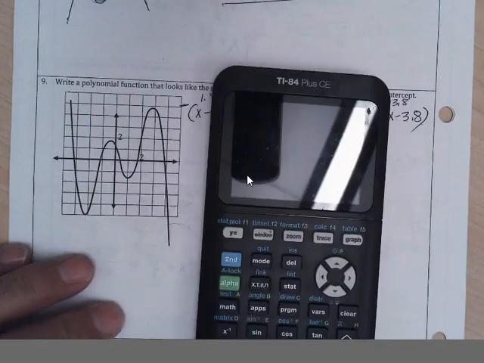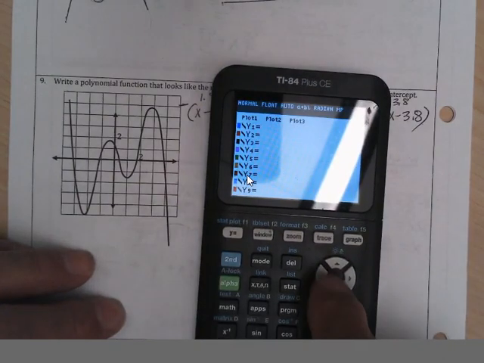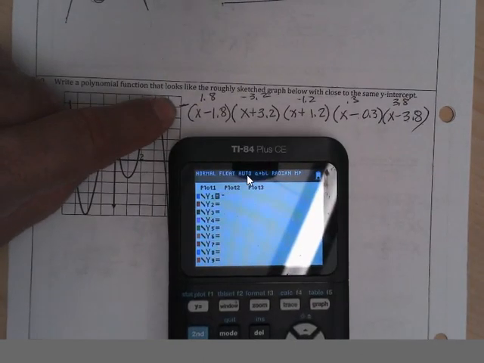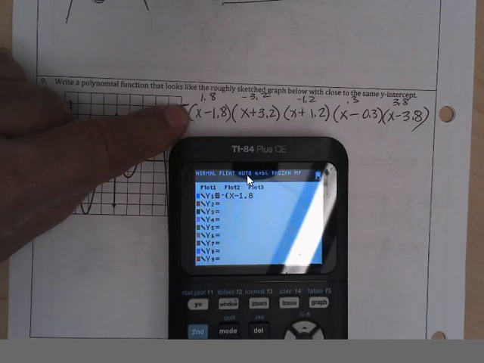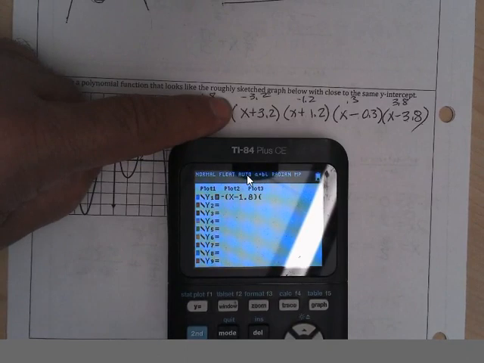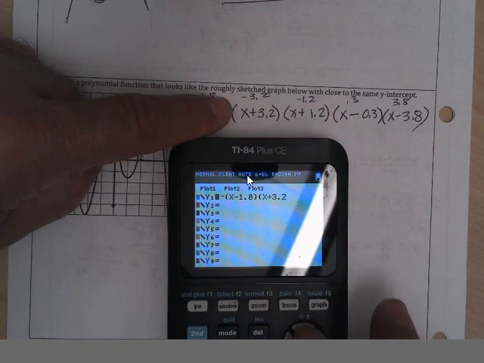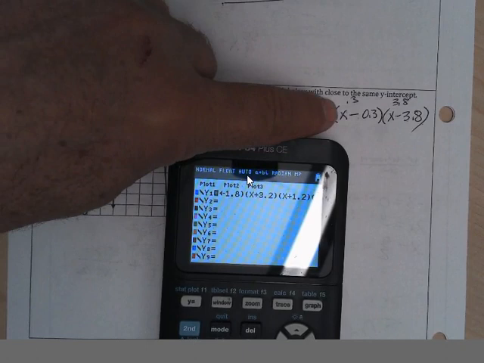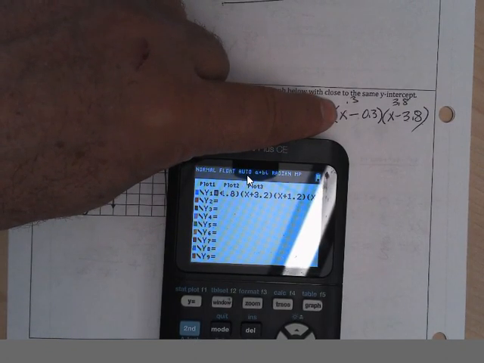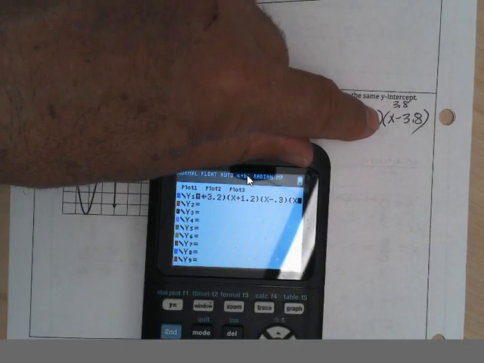So I'm going to go to my calculator, and I'm going to Y equals and clear, and type in, I know it should be negative, and parenthesis x minus 1.8, x plus 3.2, close parenthesis, open parenthesis, x plus 1.2, close parenthesis, open parenthesis, x subtract 0.3, close parenthesis, open parenthesis, and x minus 3.8.